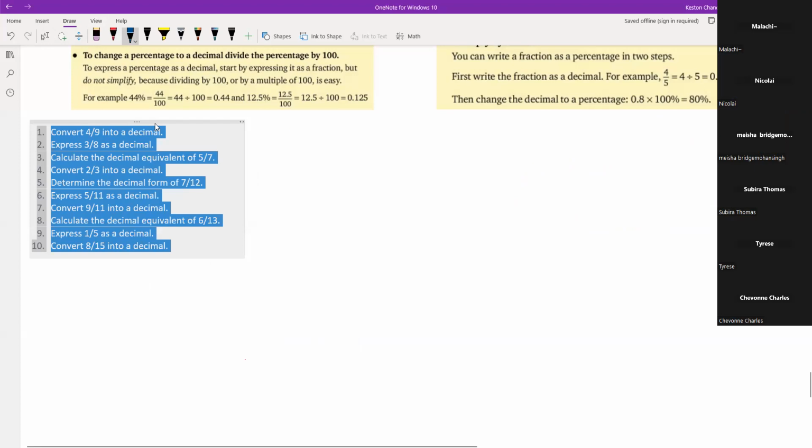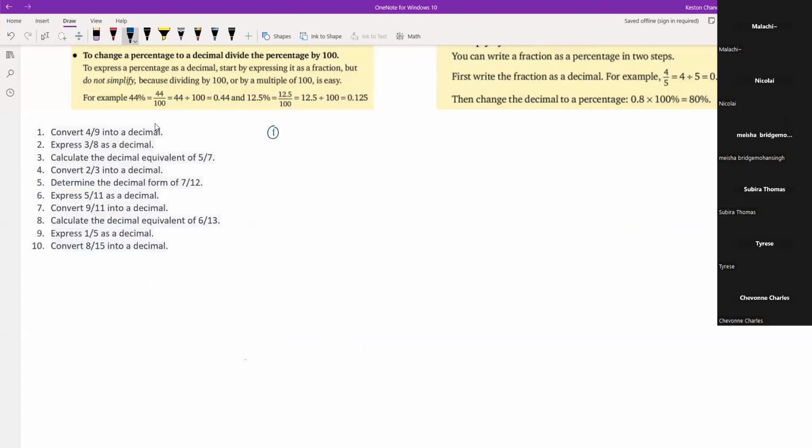Number 1, sorry, number 1 was a recurrent decimal.